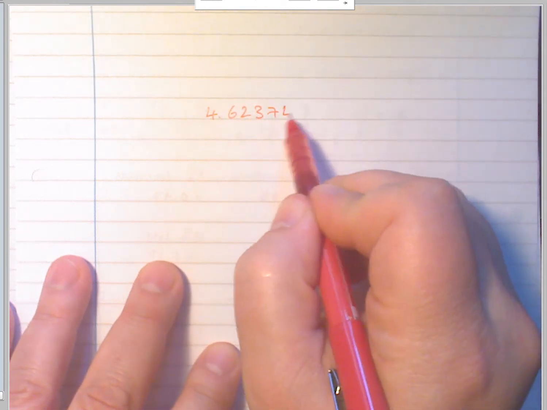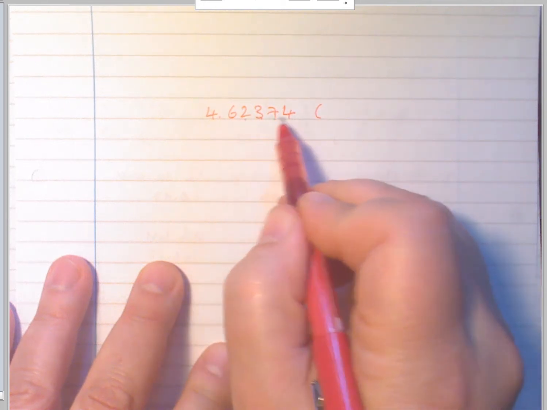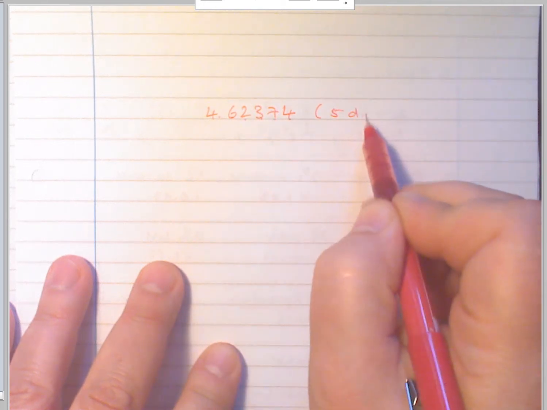I just want to emphasize that point about the decimals. So let's say someone had gone 4.6, this is unlikely by the way, but I'm just trying to emphasize my point. If someone had said that's been rounded to the nearest 1, 2, 3, 4, 5 dp, what's the upper and lower bound?